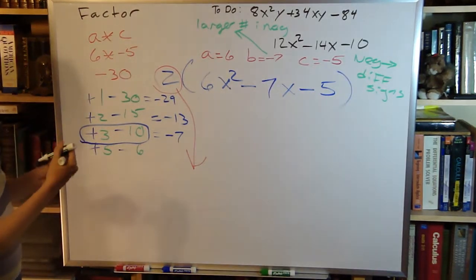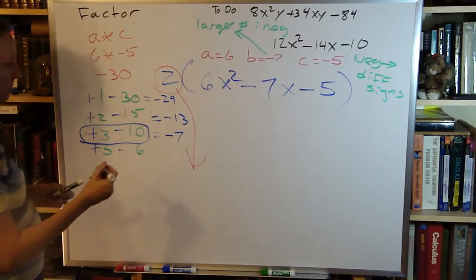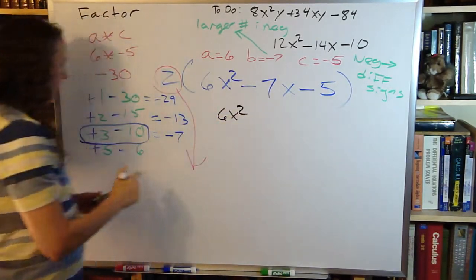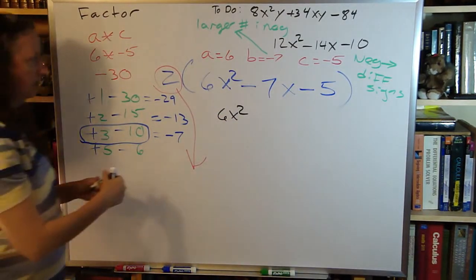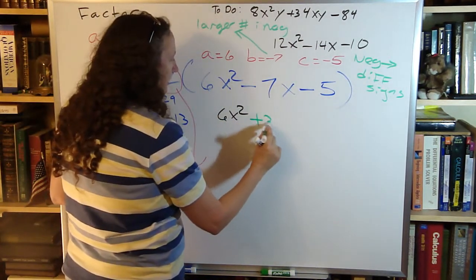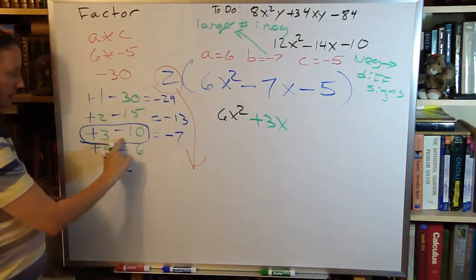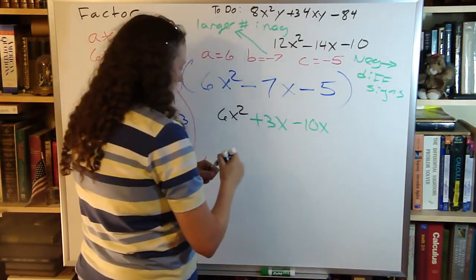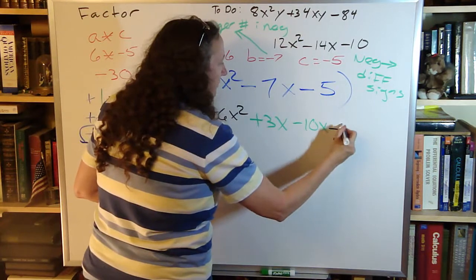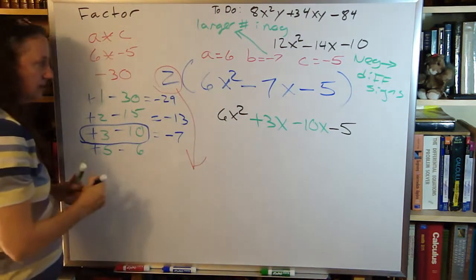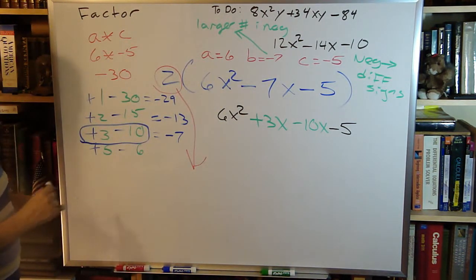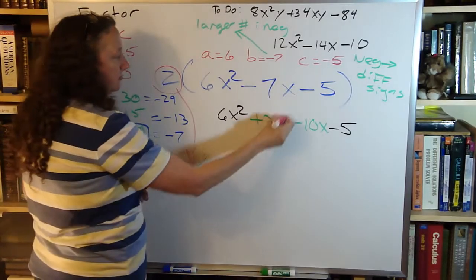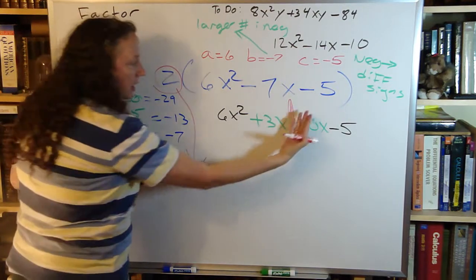So now I need to write this stuff down. We have the 6x squared plus 3x minus 10x minus 5. I split this down the middle. Ignore that.